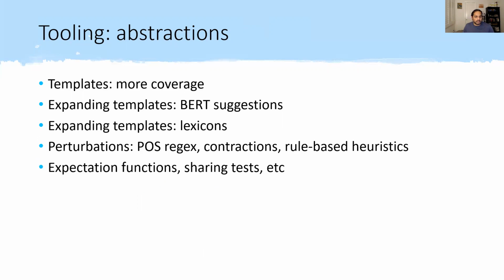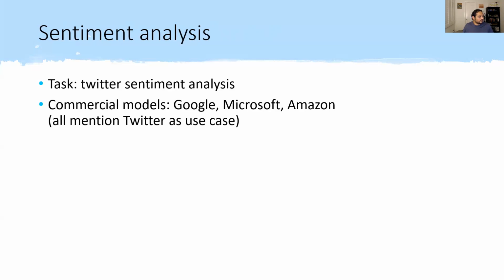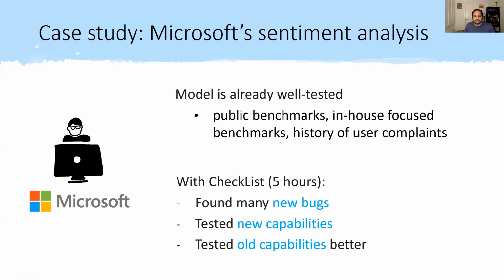Okay, all right. So instead of going through the sentiment analysis example, I'm going to end my talk now by briefly talking about one case study we did with Microsoft's sentiment analysis team. This is the team in charge of their commercial product, and this model is already well tested.